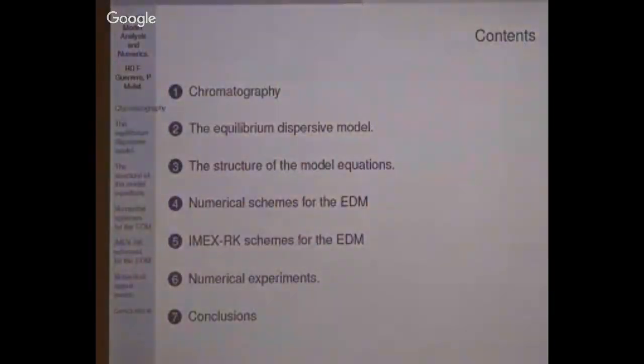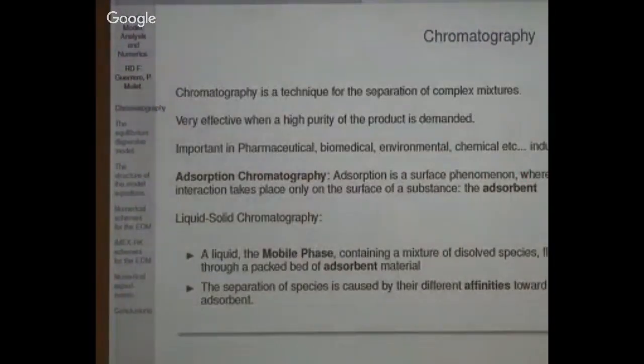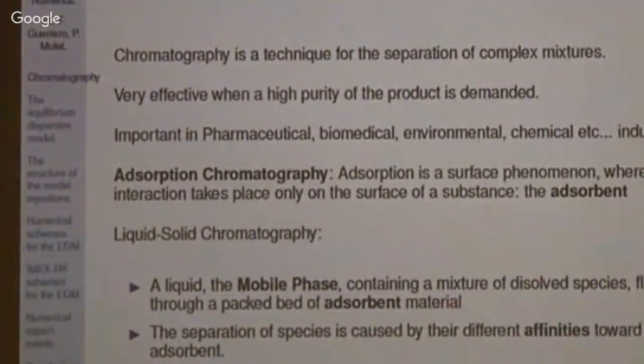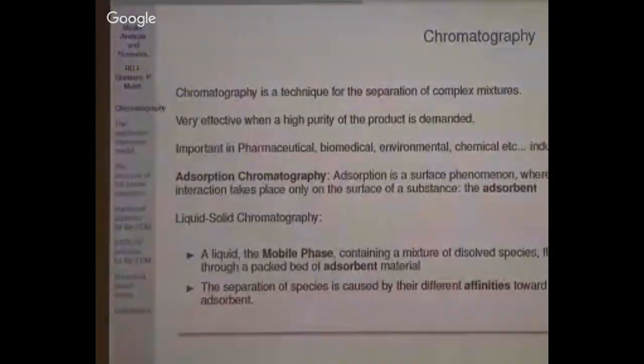chemical engineers in chromatography. So chromatography is a technique for the separation of complex mixtures. It seems that the name goes back to the early 1900s because the name was used when dyes or plant pigments were extracted. And the true version of chromatographic processes as we know them today, the theory was stated solidly in the 40s and the 50s.